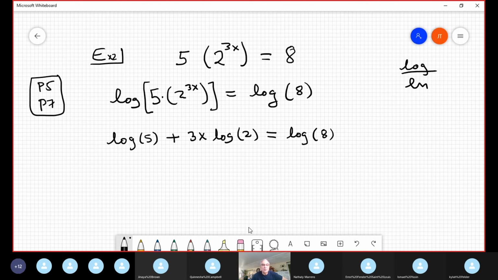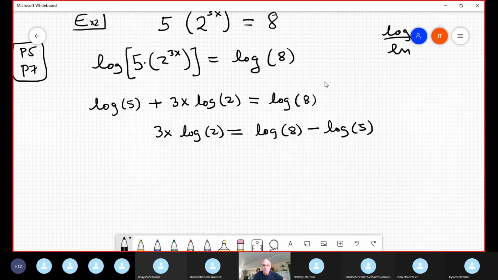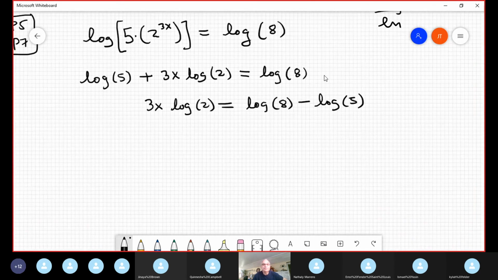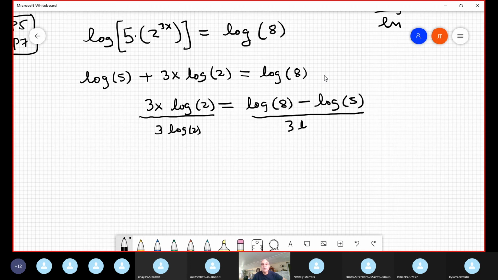So you move logarithm 5 to the right. Subtraction. And finally, I want to solve for x, divide both sides by 3 log of 2.